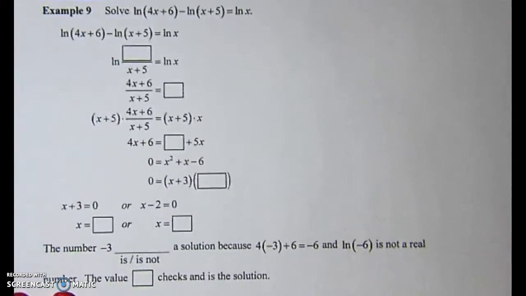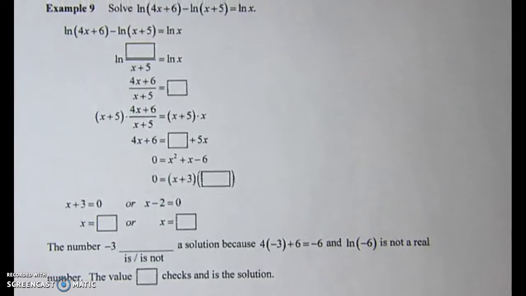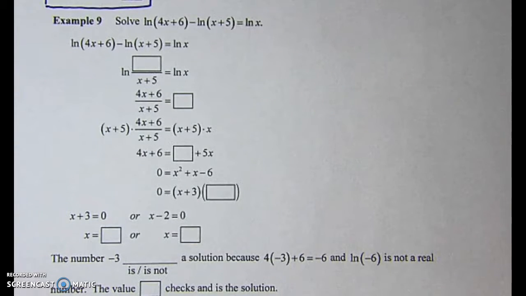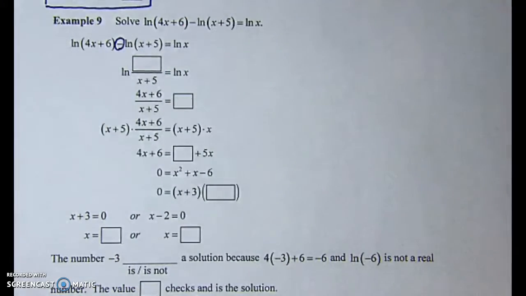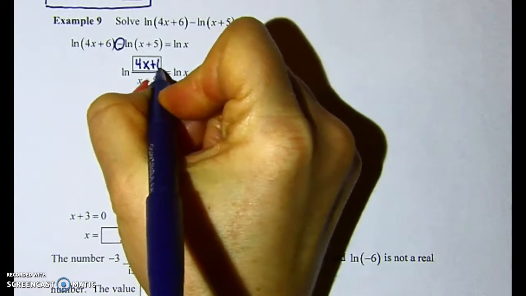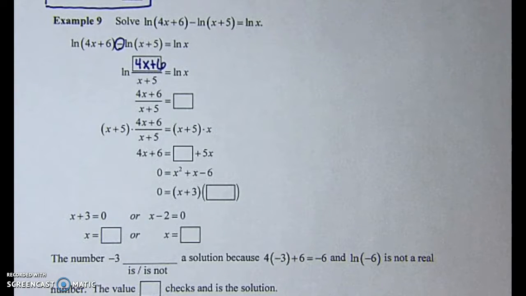Let's try another one, except this time we're going to use the natural logs. I have the natural log of (4x plus 6) minus the natural log of (x plus 5) equals the natural log of x. I see I have subtraction, so I know that I'm going to be able to divide. That gives me the natural log of (4x plus 6) over (x plus 5) equals the natural log of x.